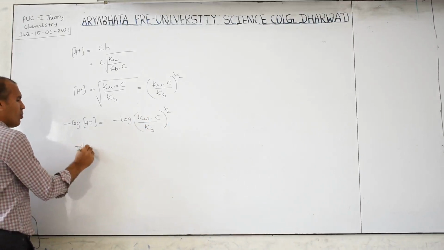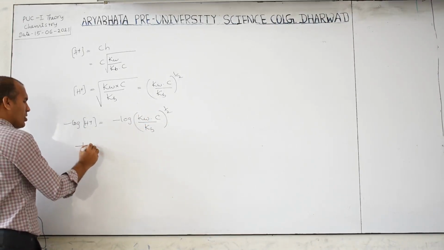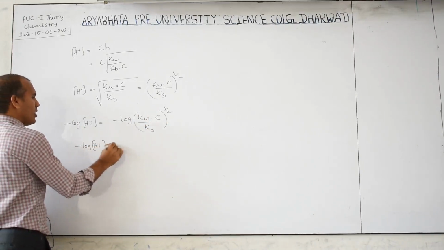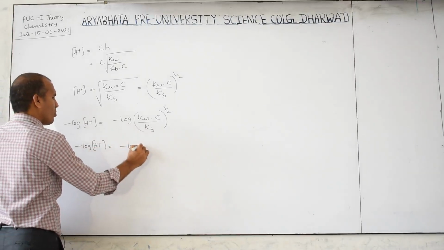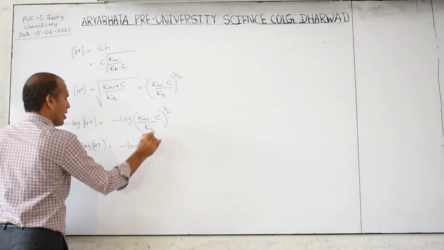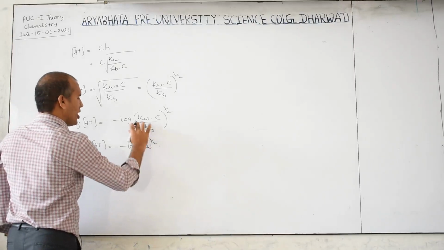Then negative logarithm of H plus ion concentration can be represented as negative logarithm of Kw power 1 by 2, and A into B form is there.